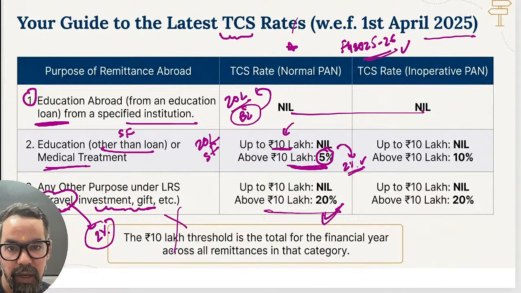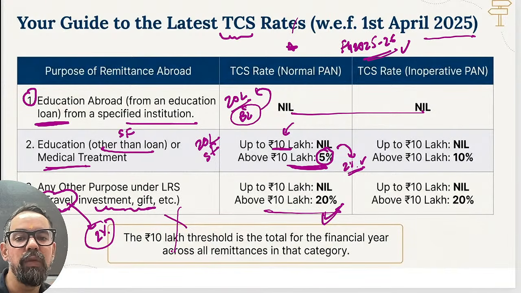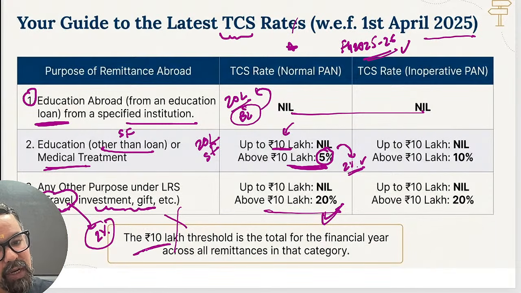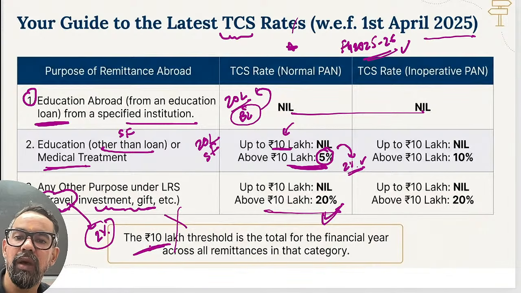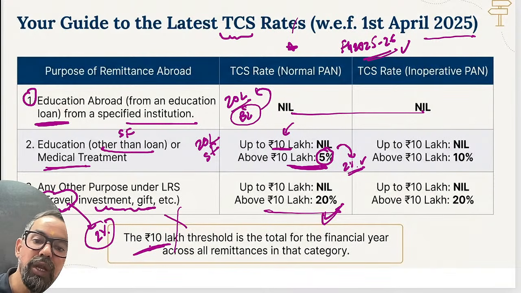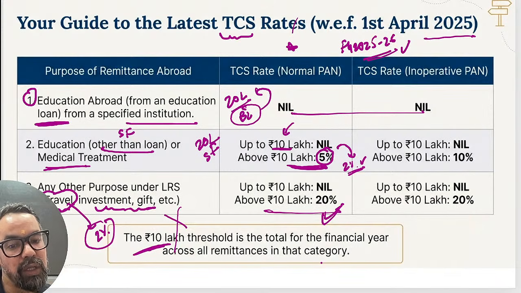So upfront, as of now, you have to pay 2% of 7 lakh as TCS. Earlier, if your amount was less than 10 lakh, you did not have to pay anything. Let's say you remitted 15 lakh for the tour and travel, then 10 lakh minus, 20% of 5 lakh you have to pay.